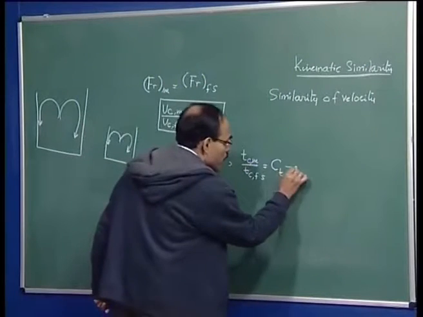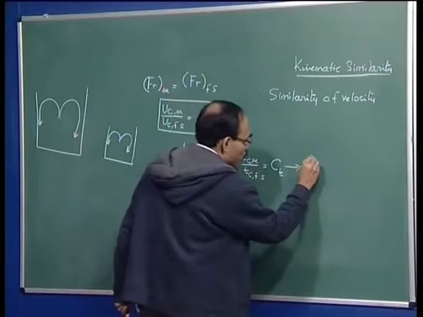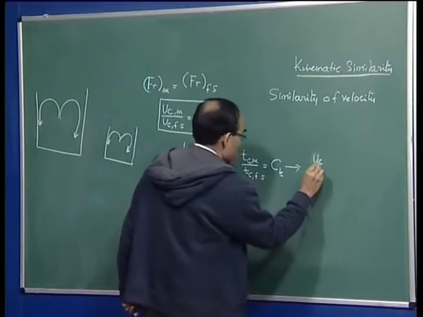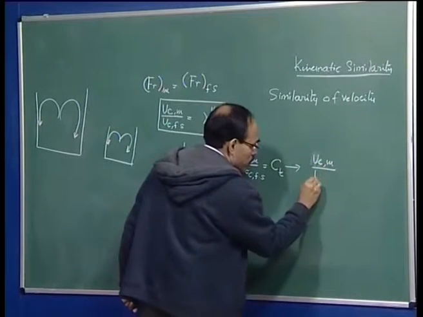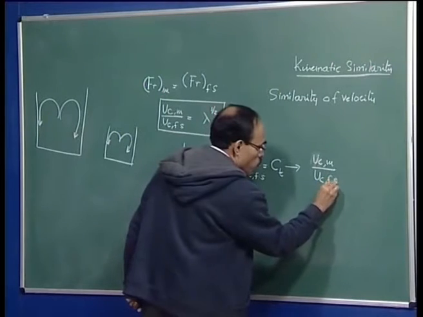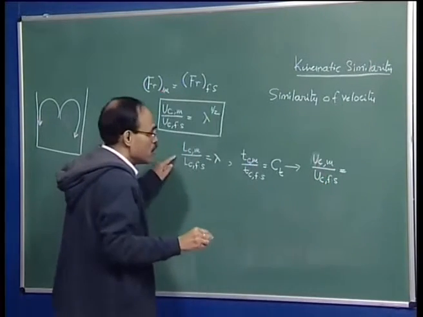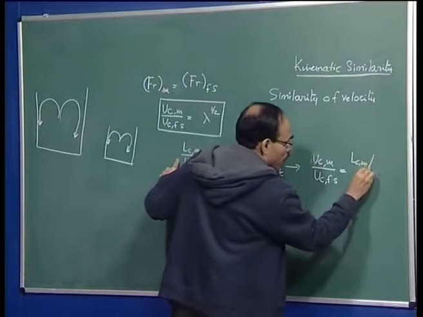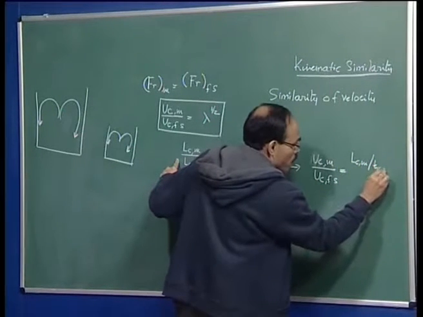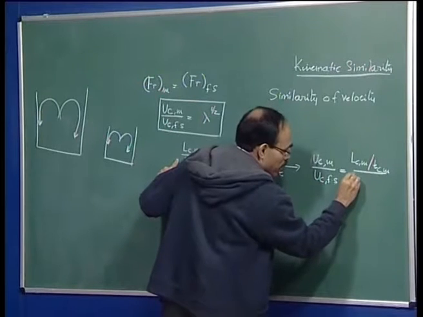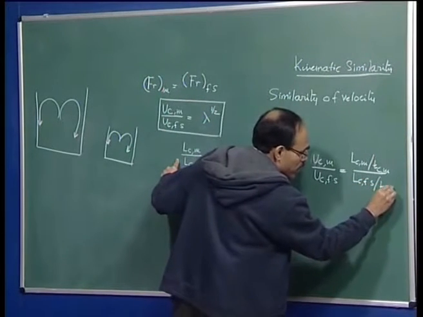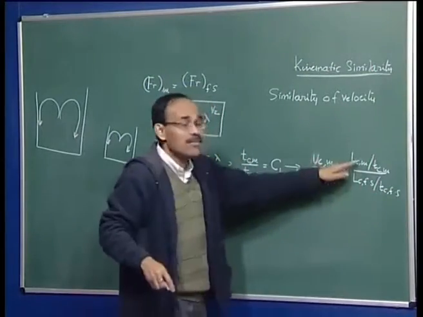The consequence of this is, for example, U characteristic in the model by U characteristic in the full scale is equal to L characteristic model by T characteristic model, and this is going to be L characteristic full scale divided by T characteristic full scale. Length by time is nothing but velocity.